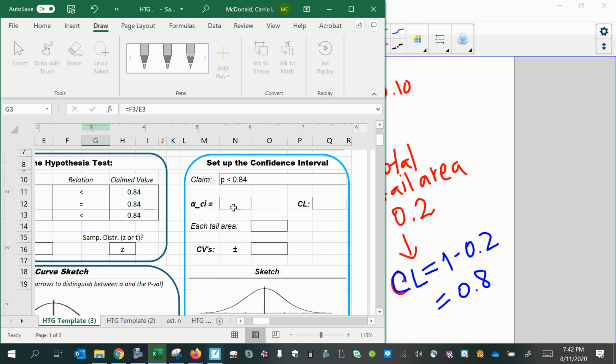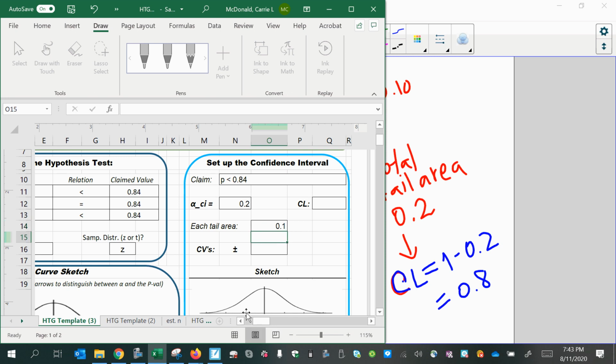So my alpha here is 0.2, which is 2 times the significance level. And that's only because I had a single-tailed test. If this had been a two-tailed test to start with, I wouldn't need to do any doubling. It would already be a double tail. So the area in each tail is 0.1.